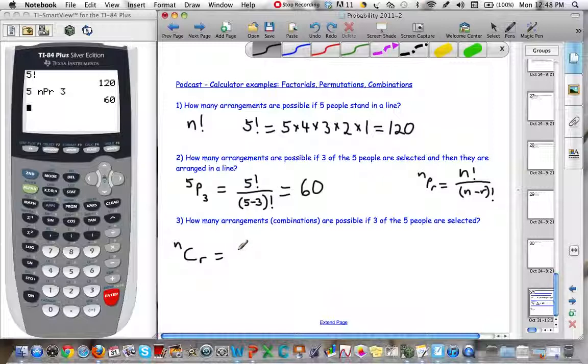In general terms again, the formula is n factorial over n minus r factorial times r factorial.